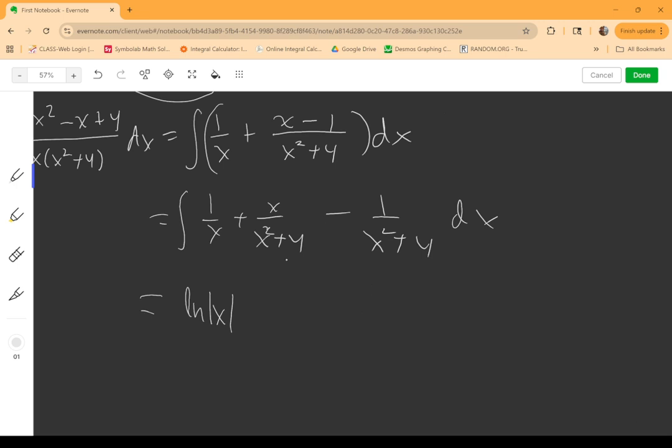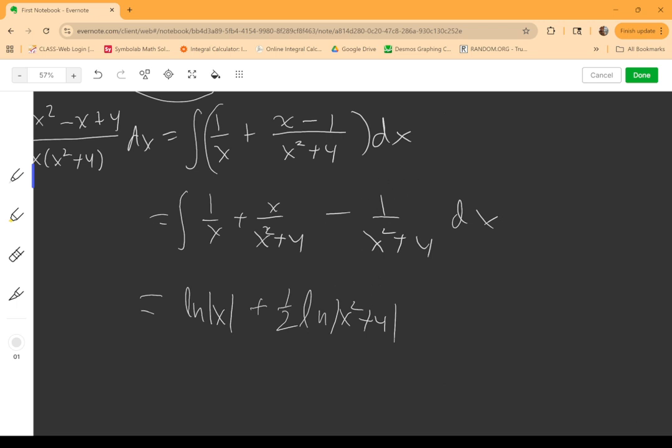Now here, through a u substitution, if you let u equal to x squared plus 4, du is 2x dx, right? And I have the x here. The only thing missing is the 2, so I'll divide it out. And it's 1 over u type, so that's natural log of x squared plus 4. All right, now this last term here is not a natural log, because the derivative of x squared plus 4 is 2x.